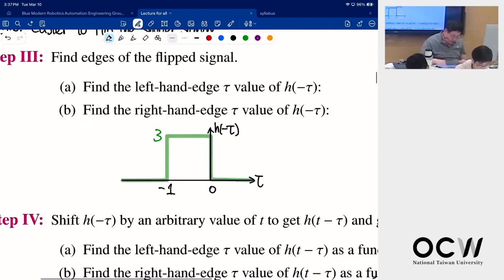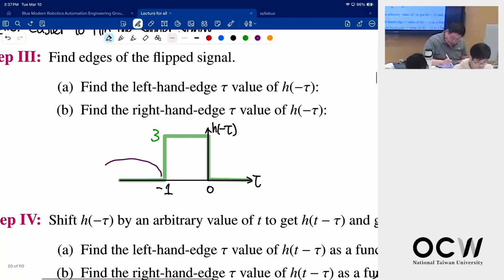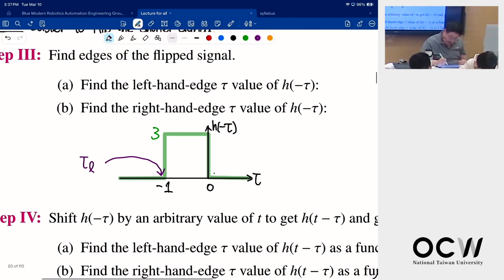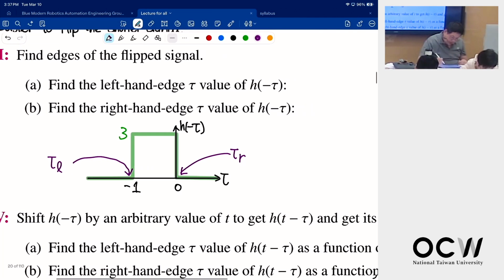So this one is tau left, and this one is tau right. So here we have tau left and tau right.